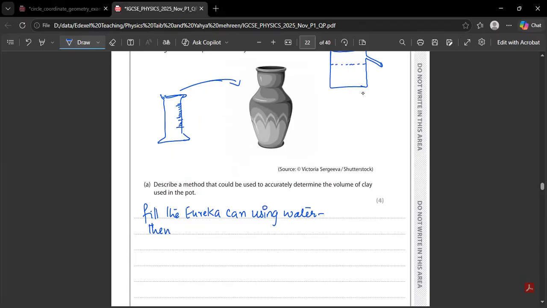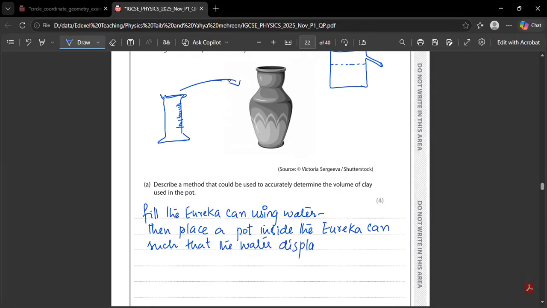Then place the pot inside the Eureka can such that the water displaces through this spout.